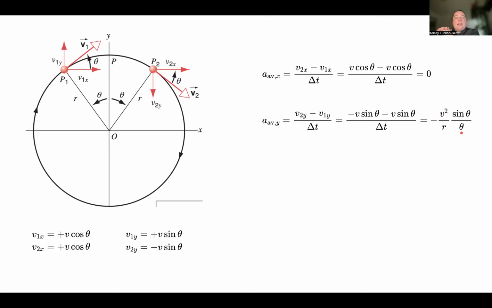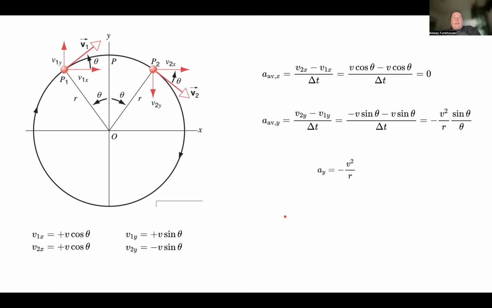We can take the limit of this equation as theta approaches 0, decreasing theta until they reach this position P, which is like the positive y axis. If we take that limit, we find the average y acceleration of negative v squared over r.